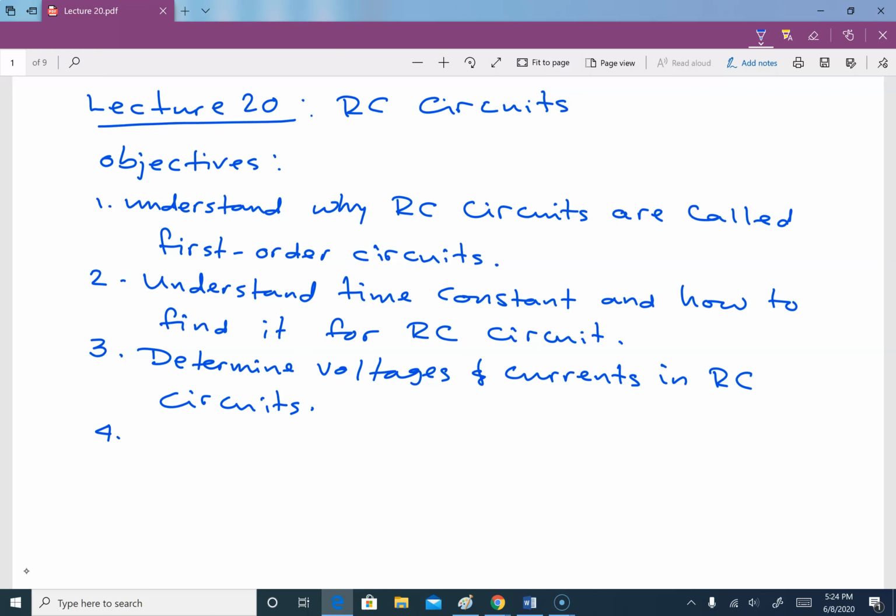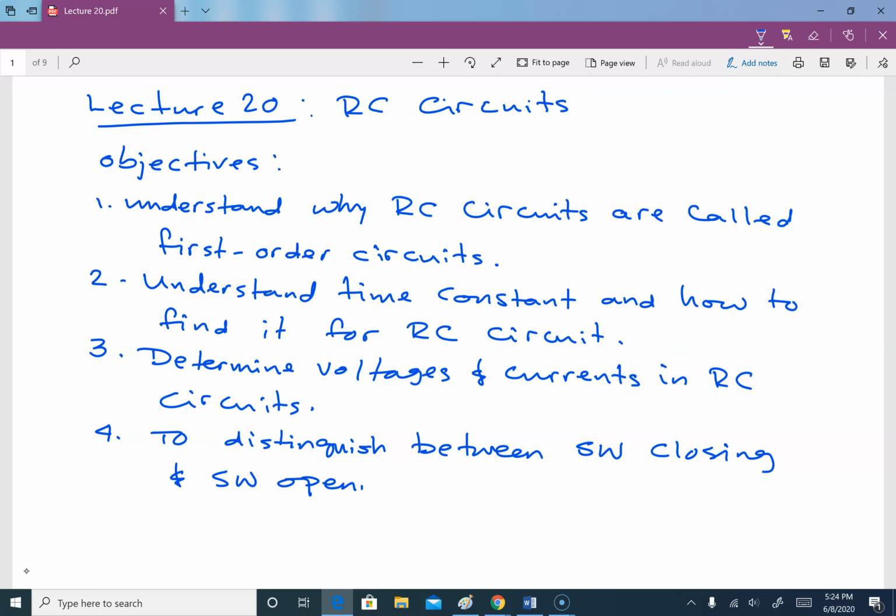And the last objective is to distinguish between switch closing and the switch opening.